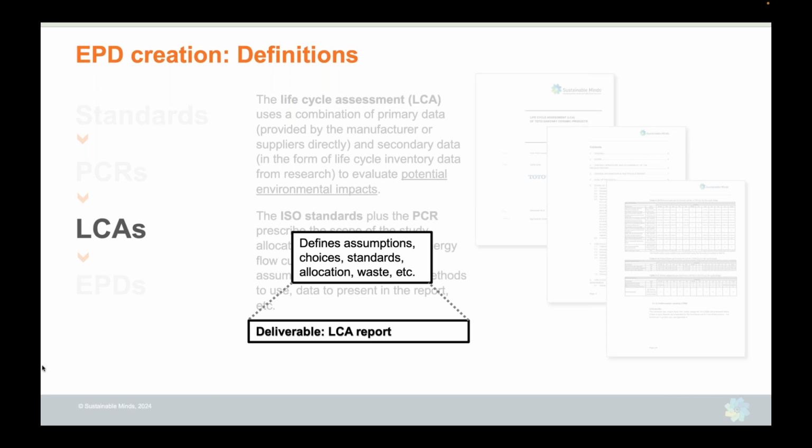So EPDs in that way can be thought of as the summary report, kind of just turning that LCA into a final public-facing summary. And a lot of that content is again prescribed by the PCR, and I'll go into some more depth about what that actually looks like.